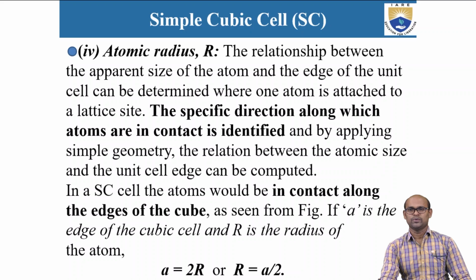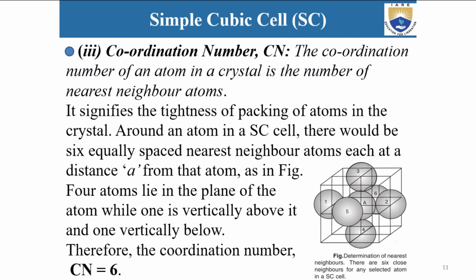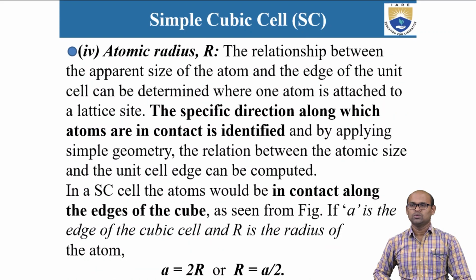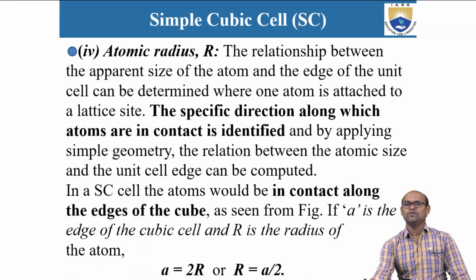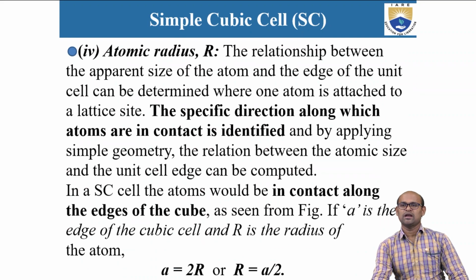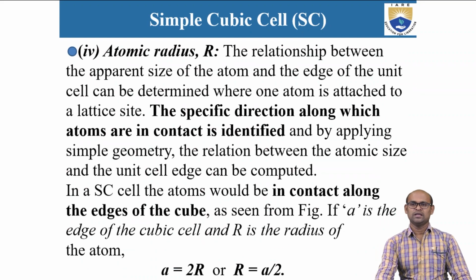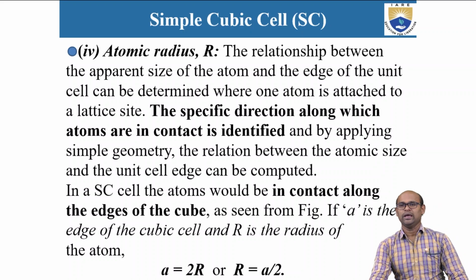can be computed. So in the simple cubic unit cell, the atoms are in contact along the edges of the cube as shown in the figure. Along the edges of the cube, if A is the edge of the cubic unit cell and R is the radius of the atom, then A is equal to 2R, R is equal to A by 2.